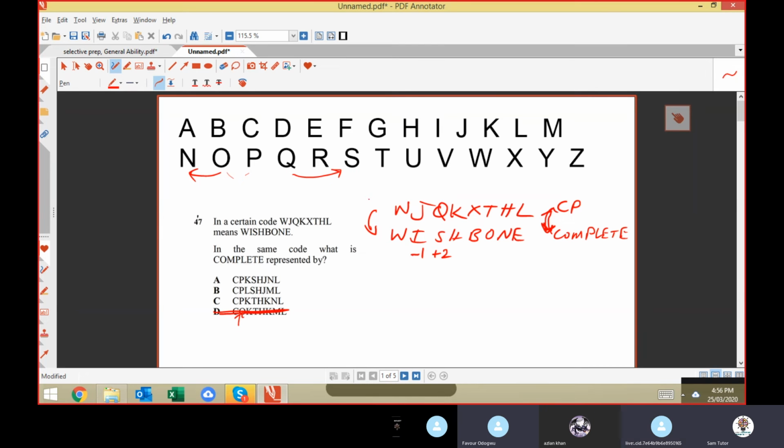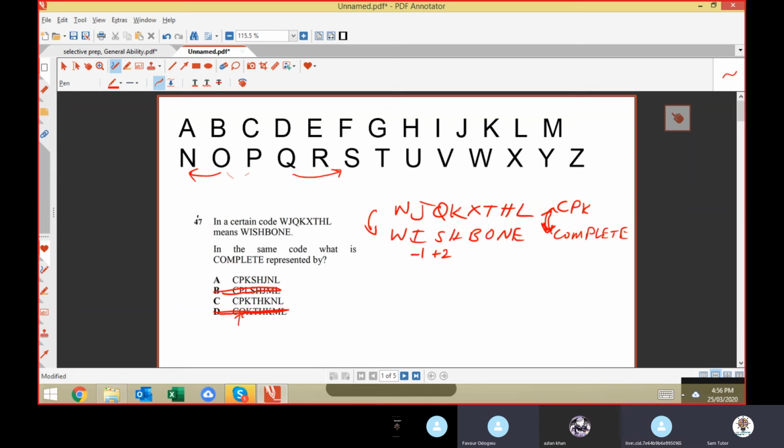So that means the next one here, M, I have to have one of these letters, K or L, that when I +2, it gets me M. So let's start with L. If I started +2, it'd be 1, 2, which gives me N. So that's wrong. So it's not L. Let's see if it's even K. K, 1, 2, it does get me M. So I know the next letter must be K.